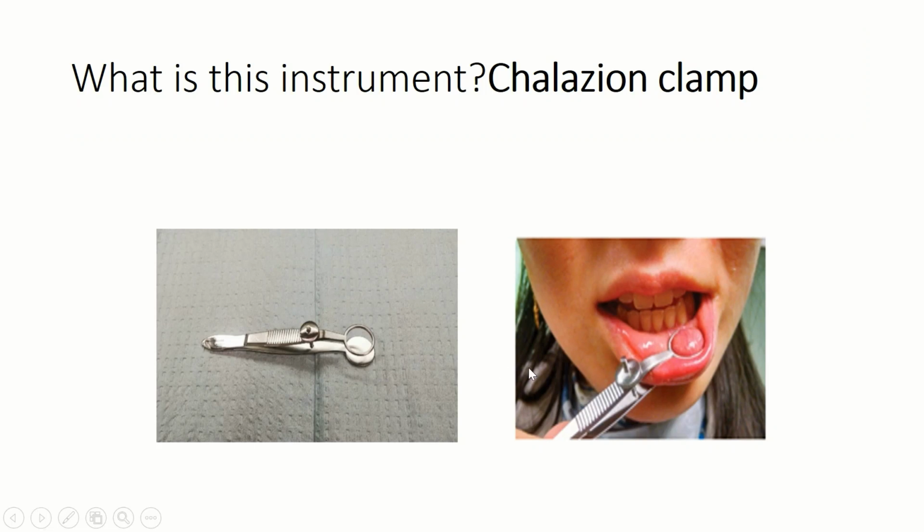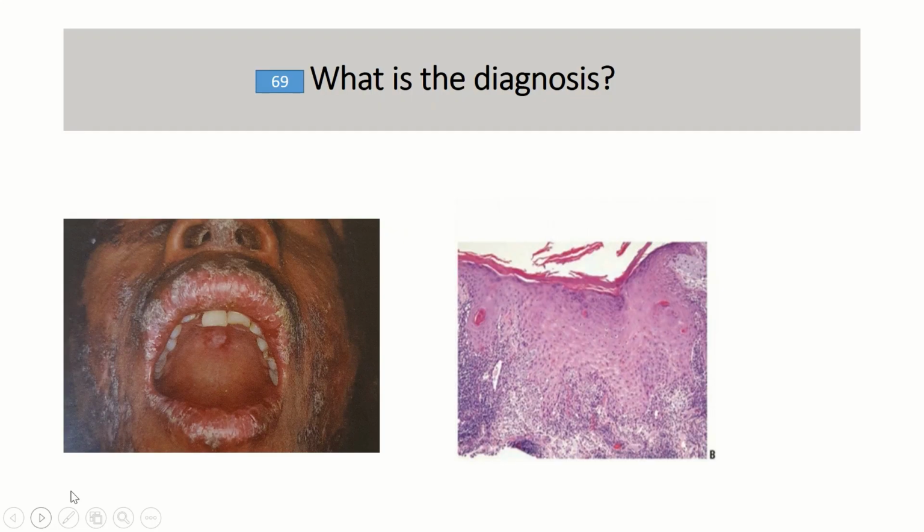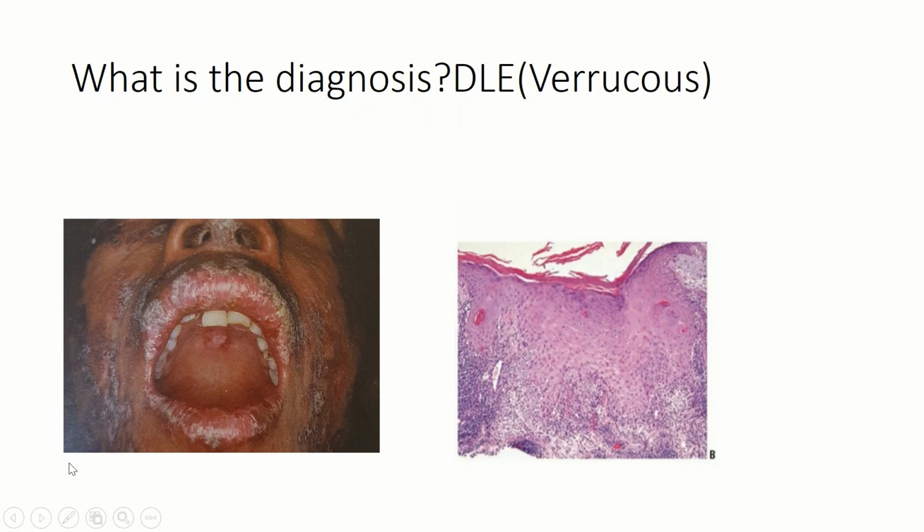And here, this is chalazion clump. What's the diagnosis? As you see here, there are verrucous patches on the lip, and the histopathology is also indicative of infiltration in the dermis, indicative of DLE verrucous form.